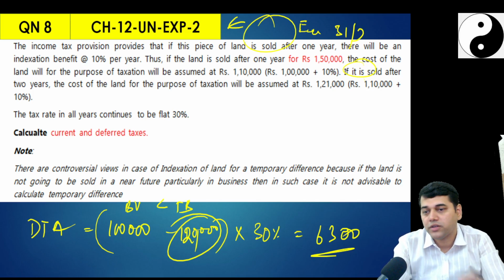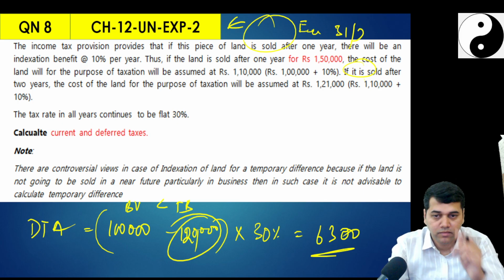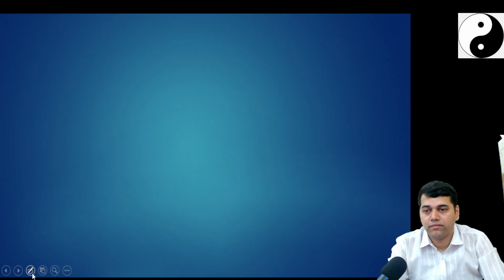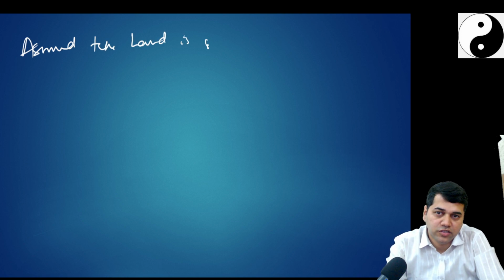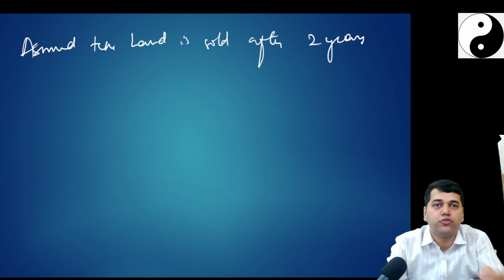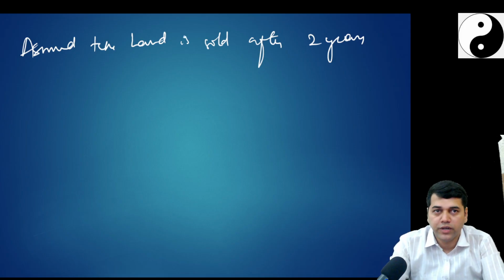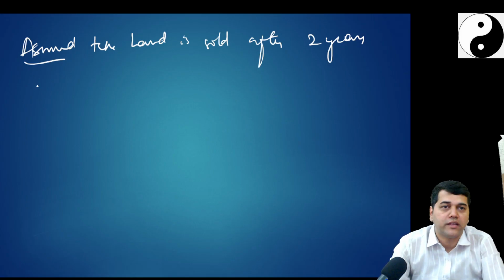Followed? So write deferred tax asset on land. Before that, assume the land is sold after 2 years. Otherwise, on what basis do you say it is 1 lakh 21 today? You have to make an assumption, because in the solution they assumed like this.